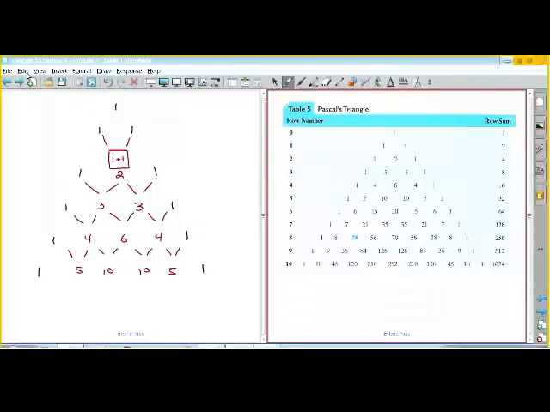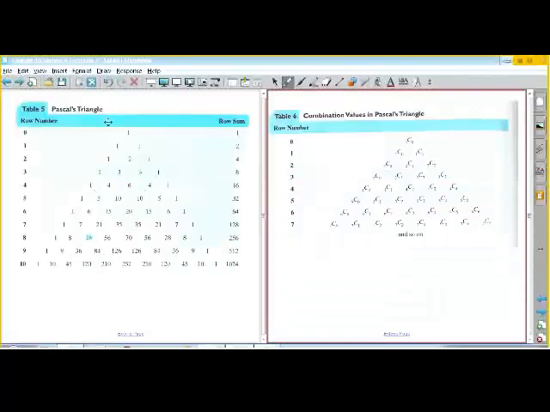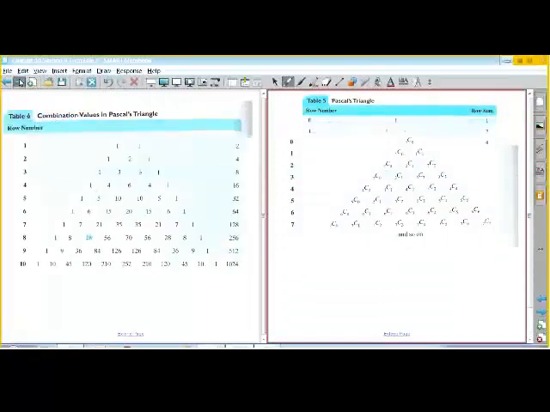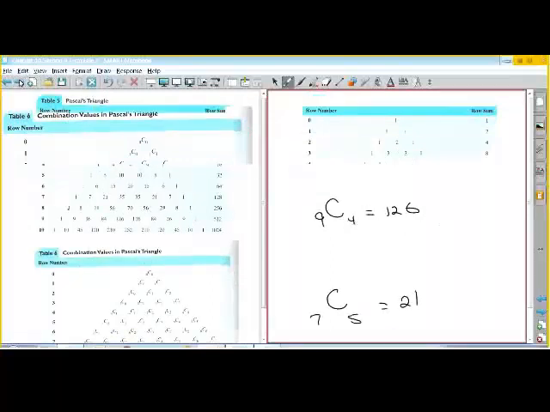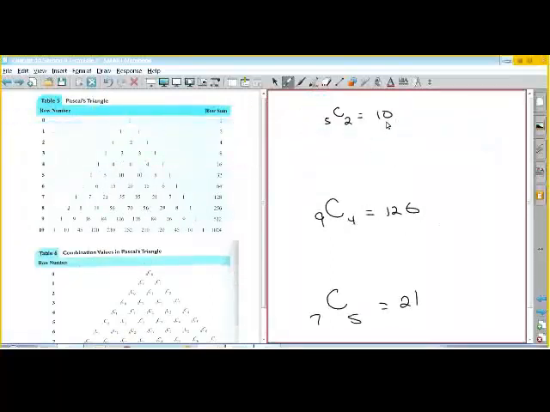So the other use of this thing is, let me just... So before I do that, like 5 things taken 2 at a time where order is not important, I would go over here, 5th row, and I would go 0, 1, 2.